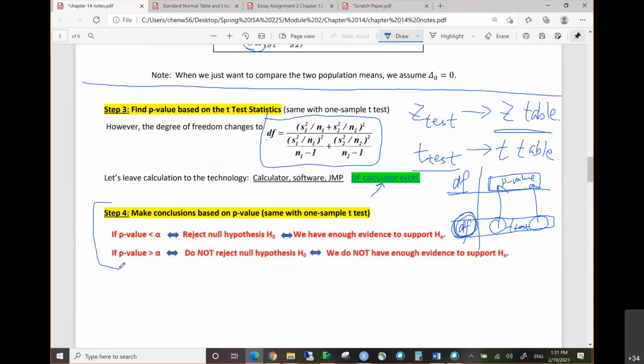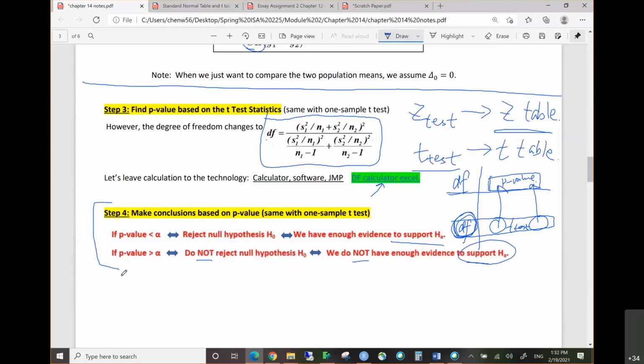We have enough evidence to support our claim. Right? The other way, if your p-value is larger than the significance level alpha, everything changes to the opposite, right? We do not reject the null hypothesis. We do not have enough evidence to support our claim.